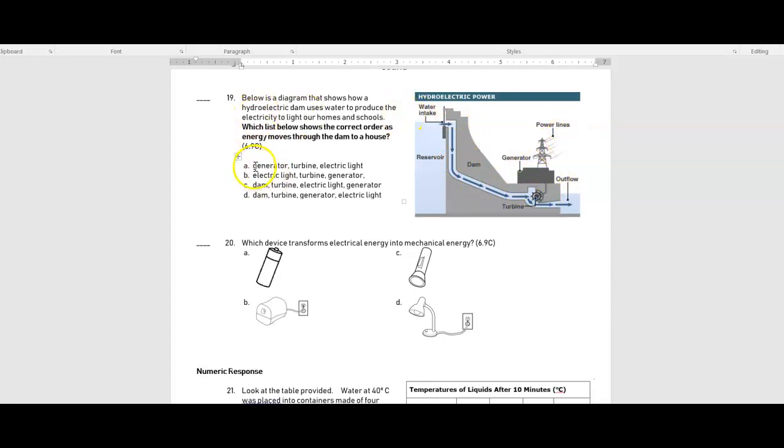Okay, so is that the generator to the turbine to the electrical light? Does it start at the electrical light, go to the turbine, and then the generator? Does it start at the dam, then the turbine, then the electrical light, and then the generator? Or the dam, and then the turbine, and then the generator, and then the electrical light? Which is the correct order from start to finish?